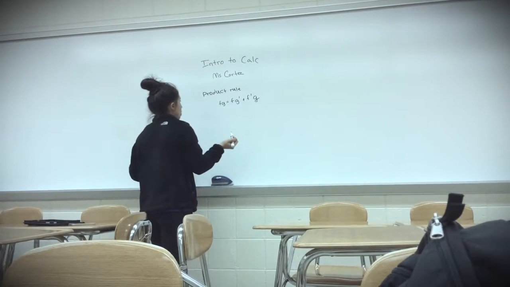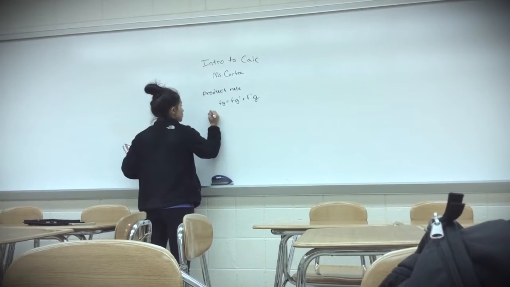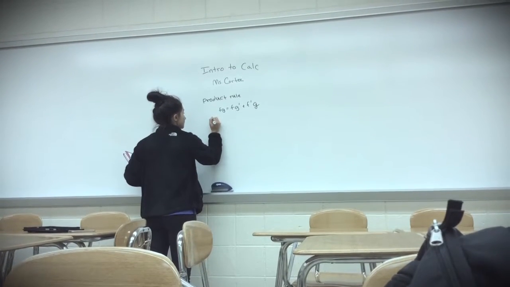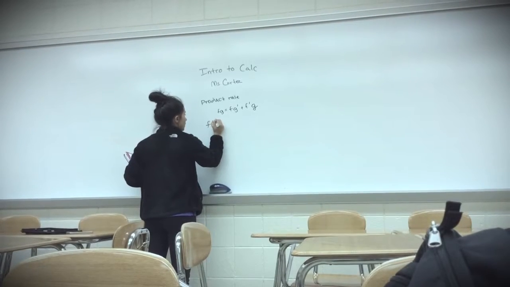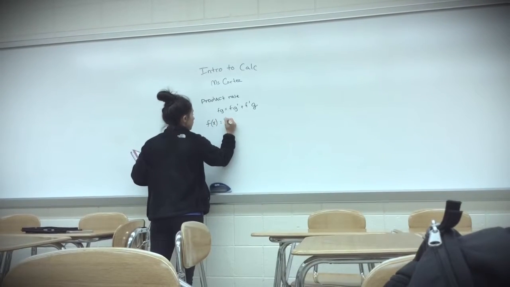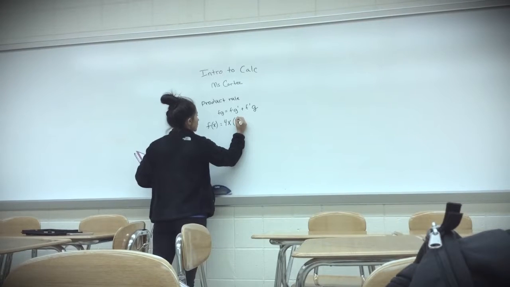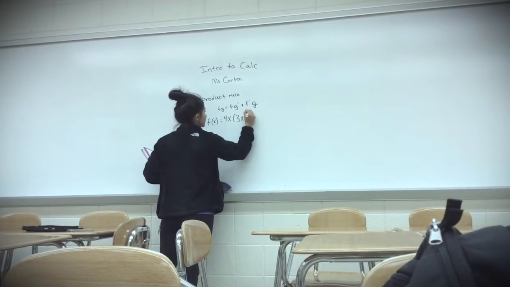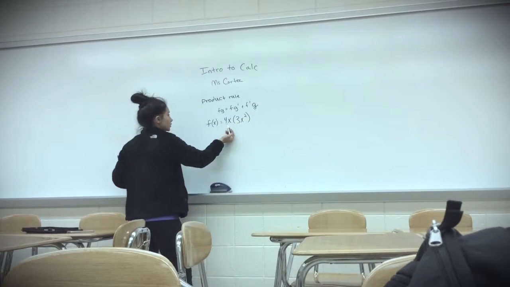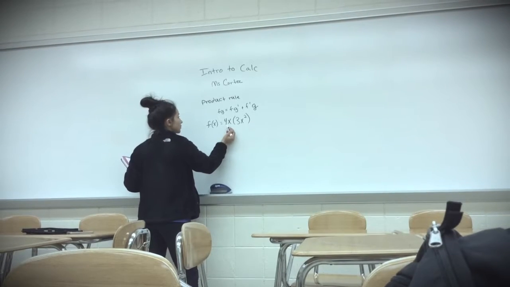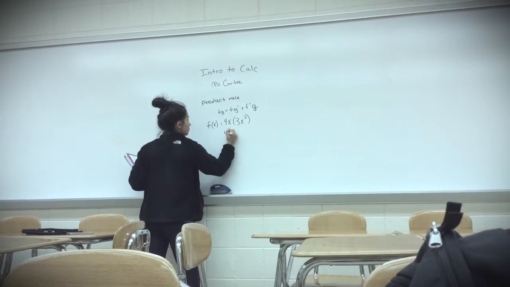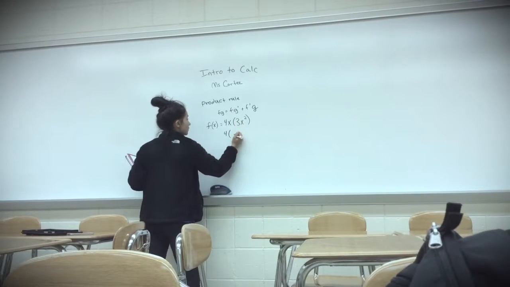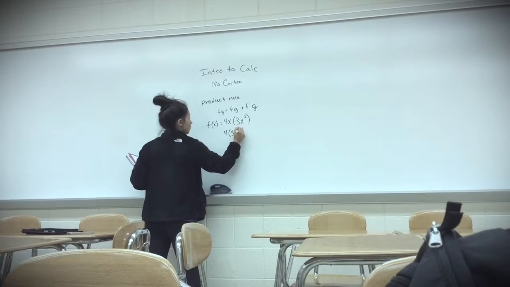So an example would be, let's just do f of x equals 4x times 3x squared. To do this, you take the derivative of 4x, which is just 4, and you multiply it by this function, which is 3x squared.